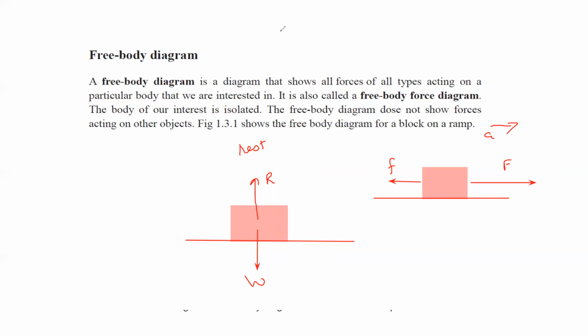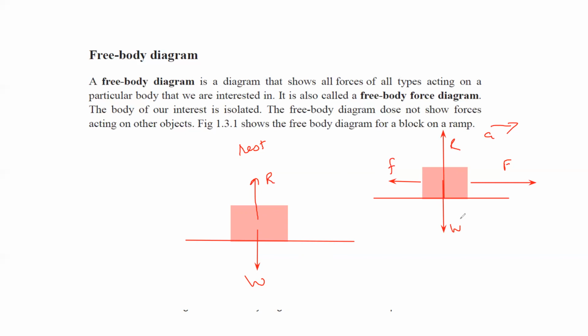That's why we are using a shorter line. The normal contact force is acting upward and the weight is acting downward. This is the case when the object is accelerating towards the right hand side.